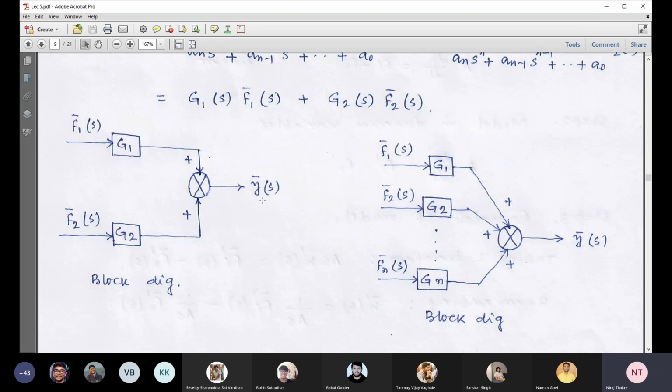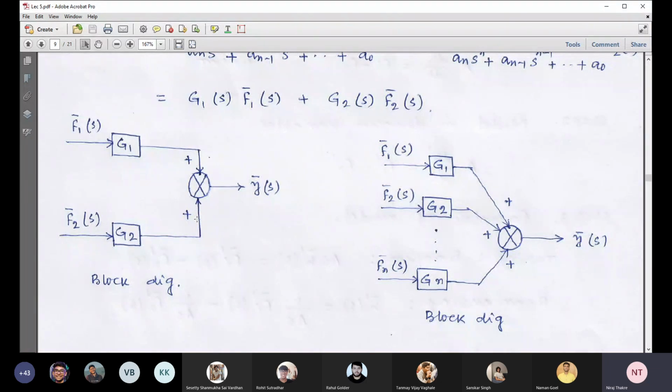We are just adding these two and getting Y. I repeat, this is the output. Output is basically input multiplied by transfer function. So this is F1 G1 and this one is F2 into G2.